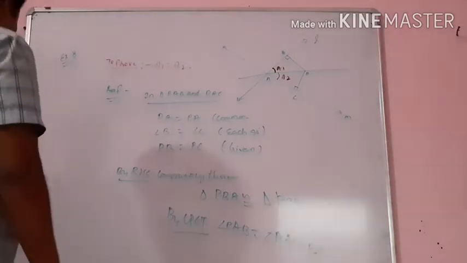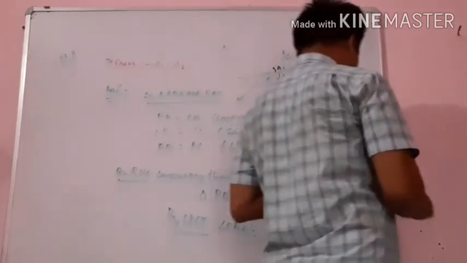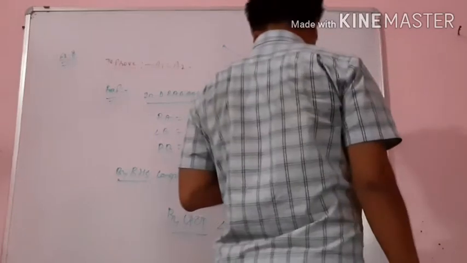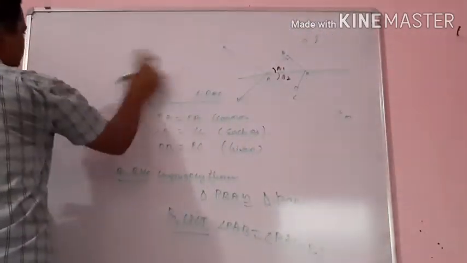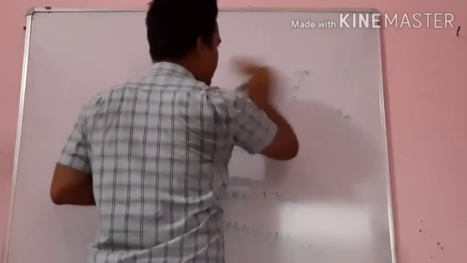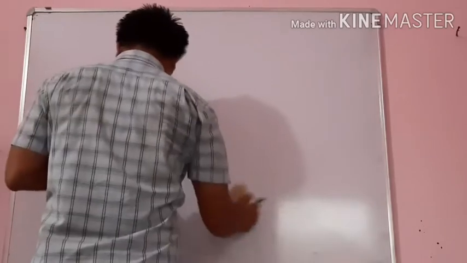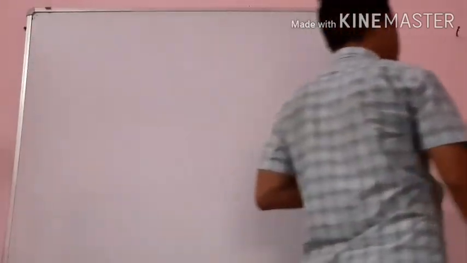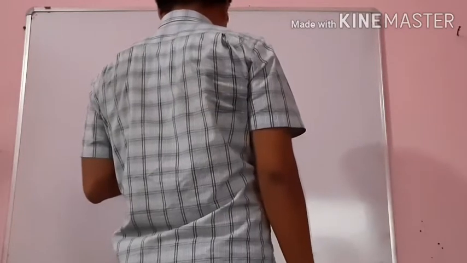Exercise 7.3. See the exercise 7.3. Question number first. ABC and DBC are two isosceles triangles on the same base BC, and vertices A and D are on the same side of BC.